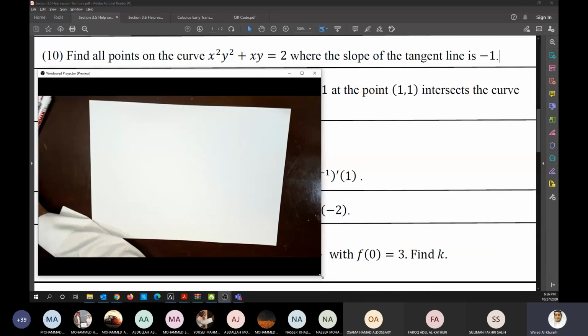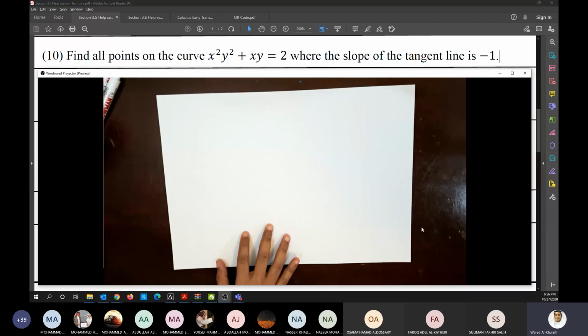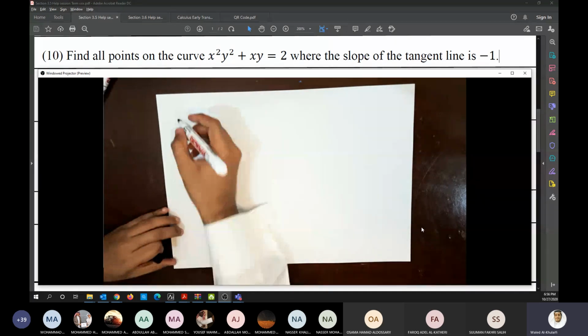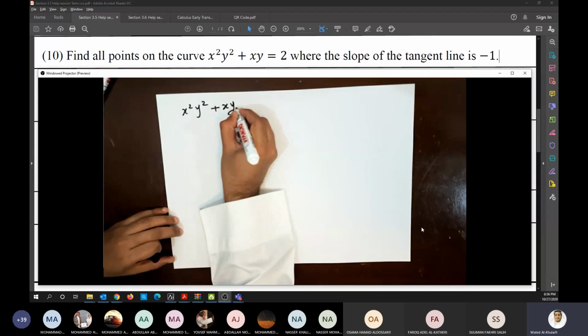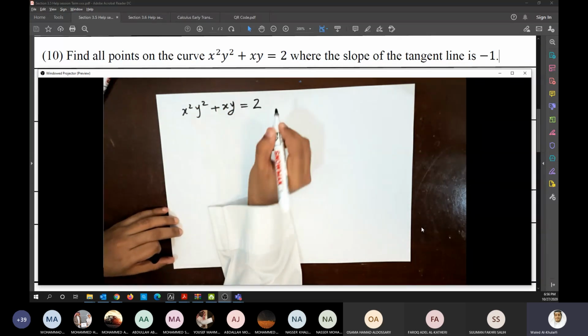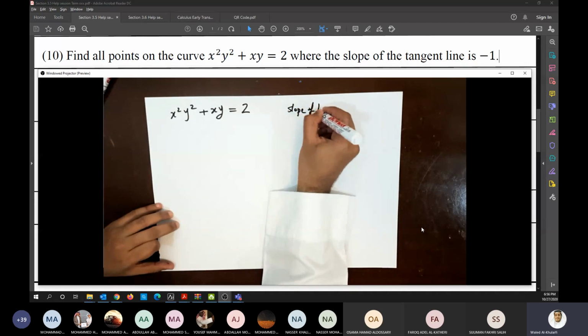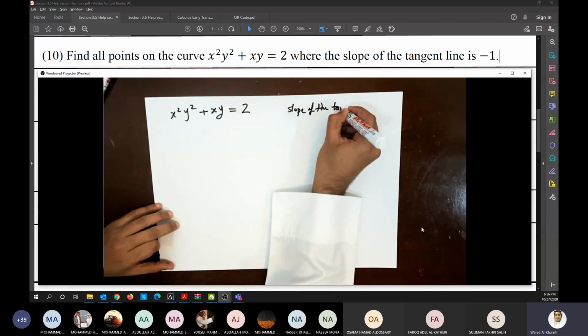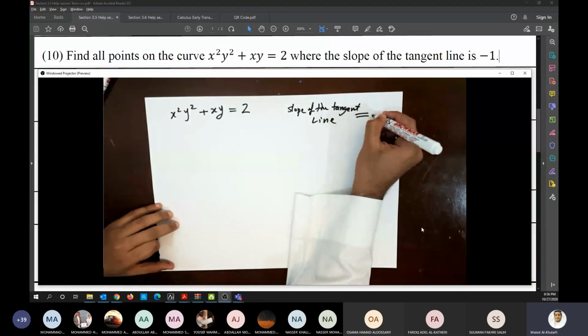So we have x squared y squared plus xy equals 2. And he said the slope of the tangent line should be equal to -1.